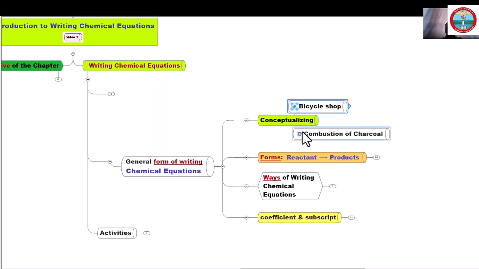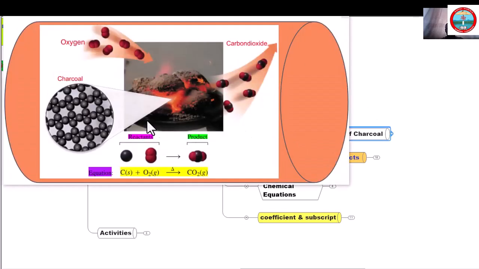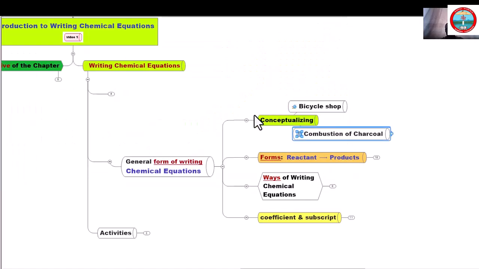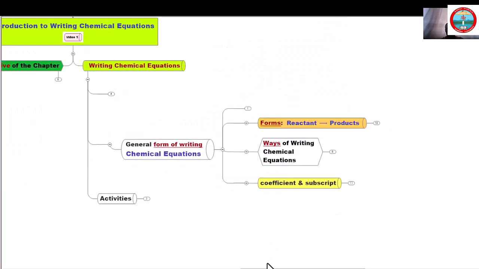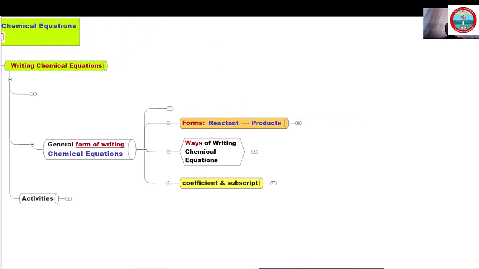Similarly, in the combustion of charcoal, when charcoal is burned with oxygen, it gives carbon dioxide. This charcoal, that is carbon, and oxygen, with the help of heat produce carbon dioxide. Carbon and oxygen are the reactants, while the produced carbon dioxide is the product. So this is an example of a chemical reaction and the form of writing a chemical equation.